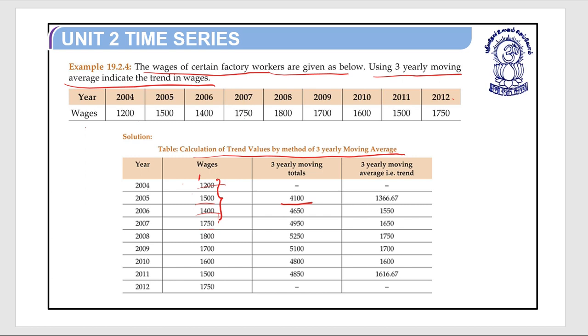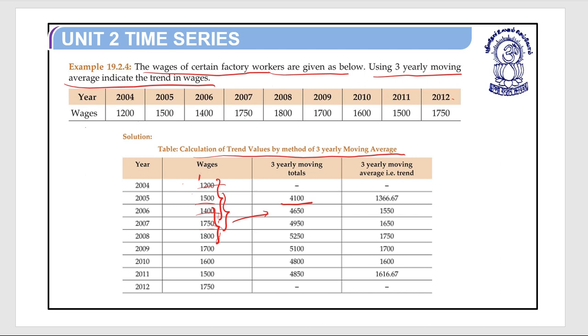Next 2006: take 2005 plus 2006 and 2007, which gives 4650. Same way for 2007, take 2006 plus 2007 plus 2008, which gives 4950.